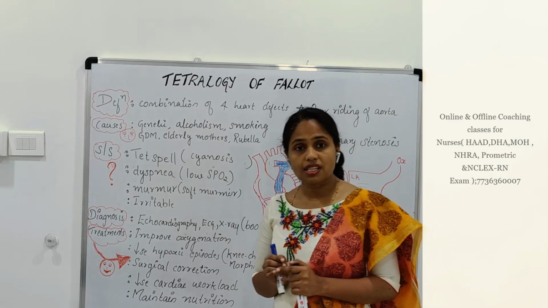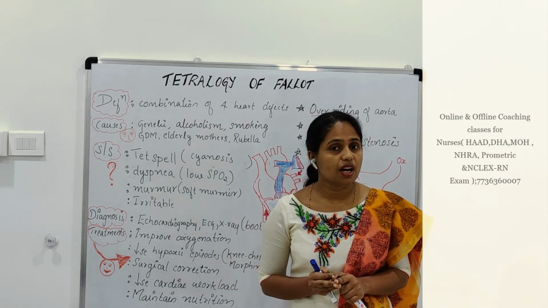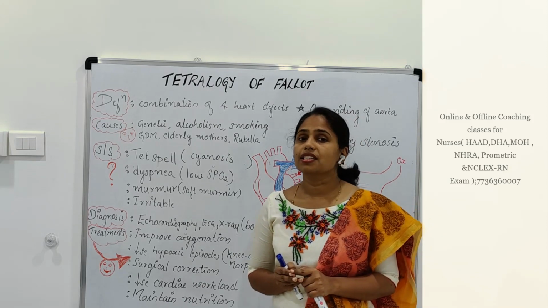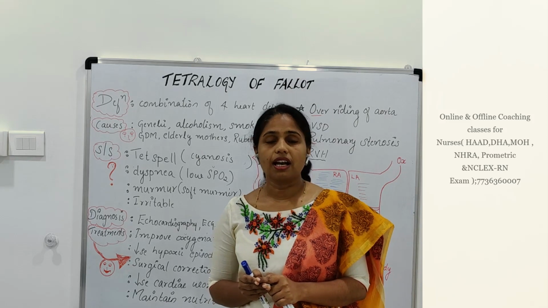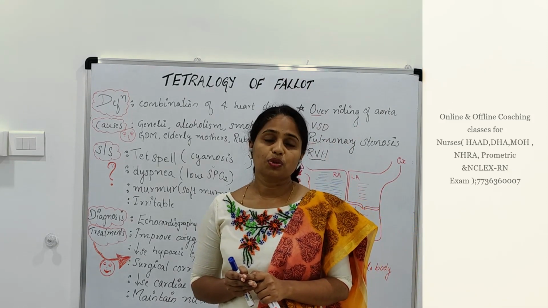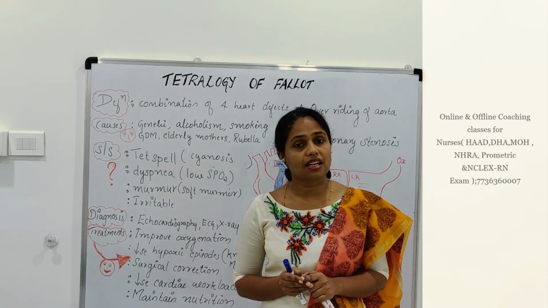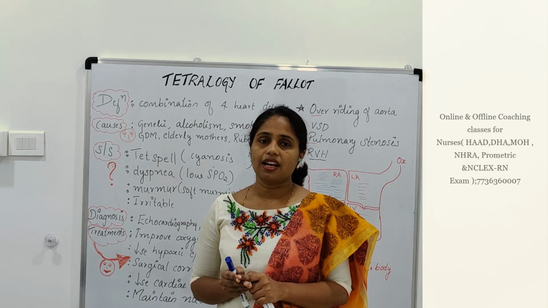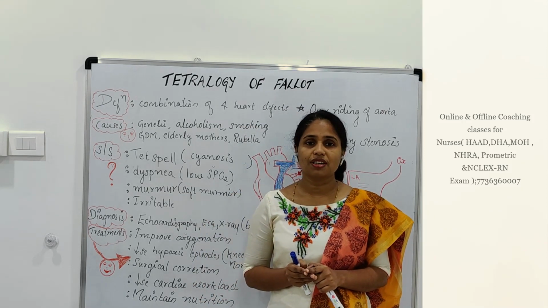Okay, it causes cyanosis and it causes TET spell, hypoxia, murmur, and on X-ray, boot-shaped heart is visible, and it can be managed by giving oxygenation, reducing hypoxic episodes and preparing the client for surgical correction. This is all about Tetralogy of Fallot.